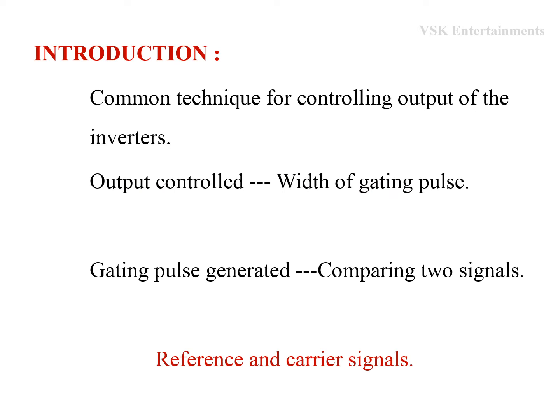Coming to the introduction of the PWM technique. This PWM technique is the commonly used technique for controlling the output voltage of inverters. In this, the output voltage is controlled by controlling the width of gating pulses. The width of gating pulses is generated by comparing two signals, known as the reference signal and the carrier signal.